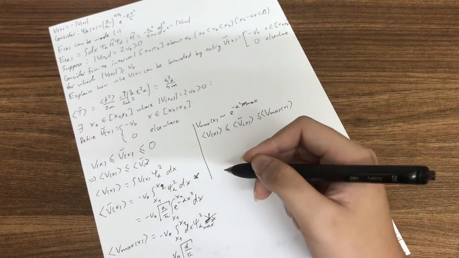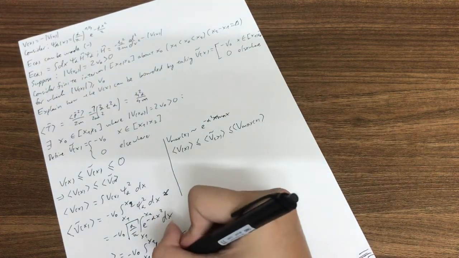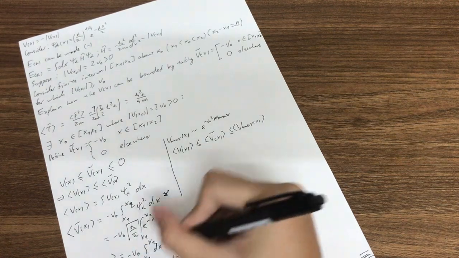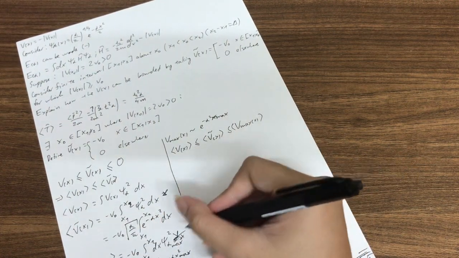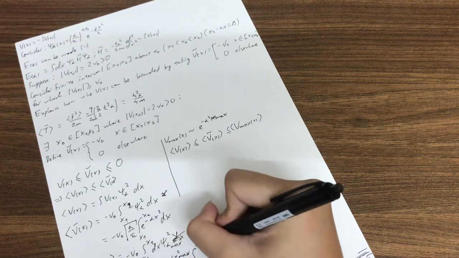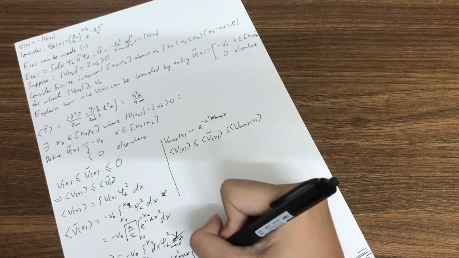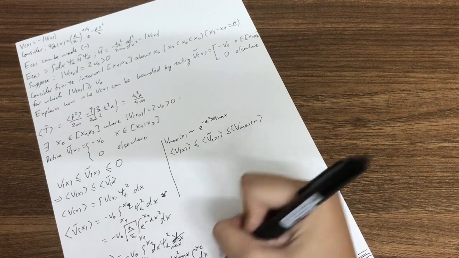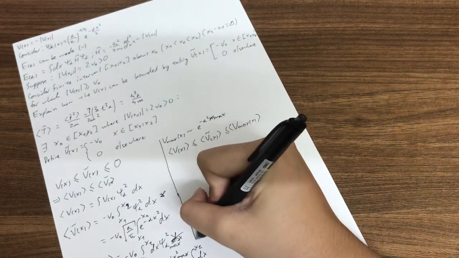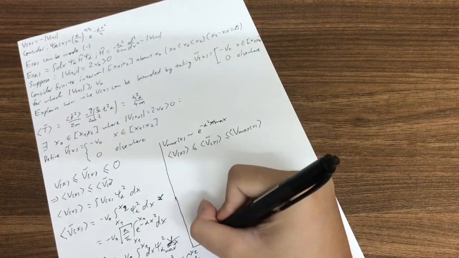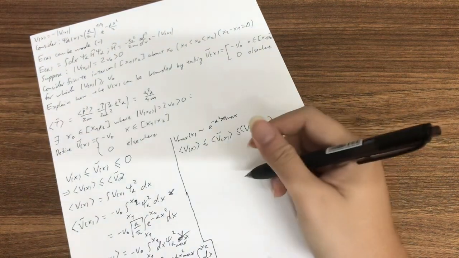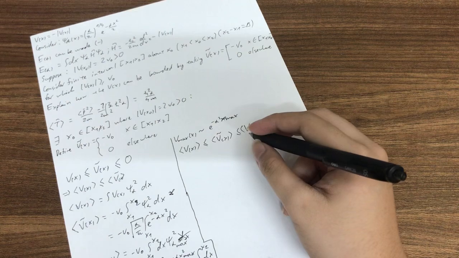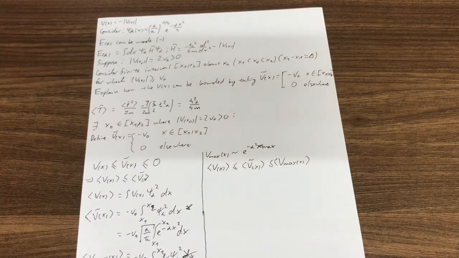You bring the whole thing out, so e to the minus alpha x max squared, and then you're left with the integral from x1 to x2 dx. This is x2 minus x1, which equals delta. So you've got your upper bound for your potential.